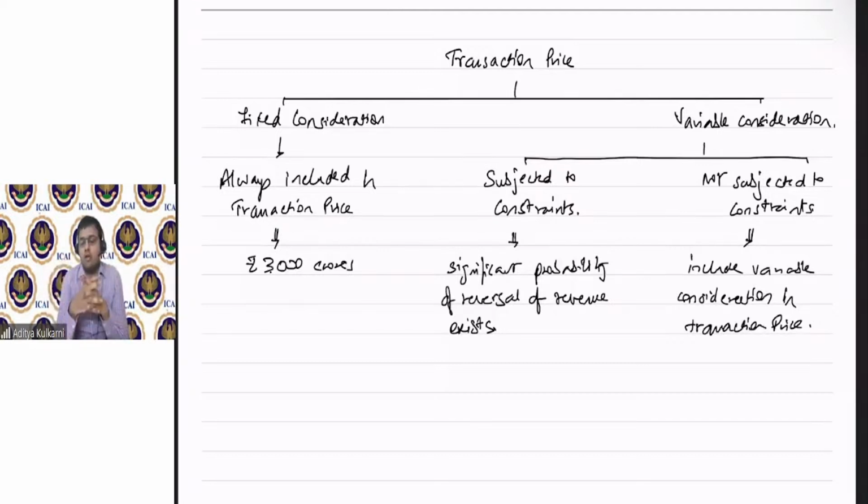Suppose you go as an auditor of this entity, which has no background experience of doing such heavy projects. Are you going to rely on this entity's statement that yes, we can complete the project? Will you rely or will you not rely? Come on, tell me.